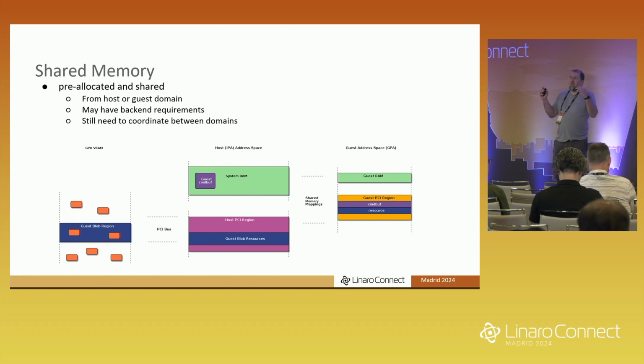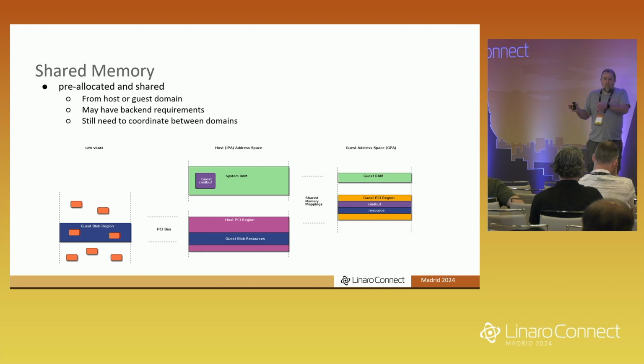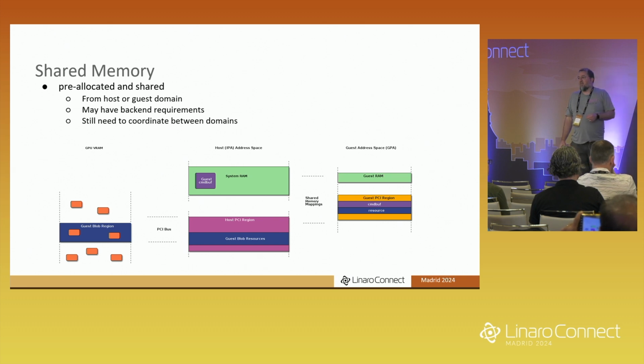So, shared memory. I'll talk a bit more about that. Traditionally, all the memory in VirtIO devices has been managed by the guest. The guest will do the allocations, that will get mapped and shared into wherever the back end is, and then the back end will deal with that memory and pass it out. However, that's not actually enough for some of the use cases.